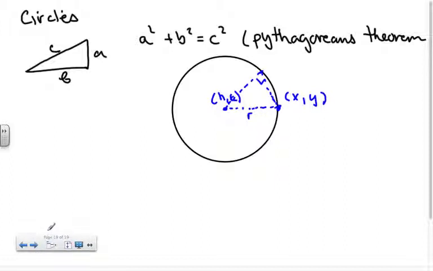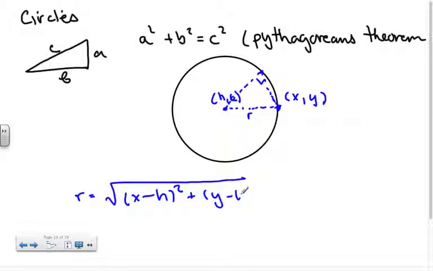as you know, you remember the distance formula. So the radius of the circle will equal the square root of x minus h squared plus y minus k squared.